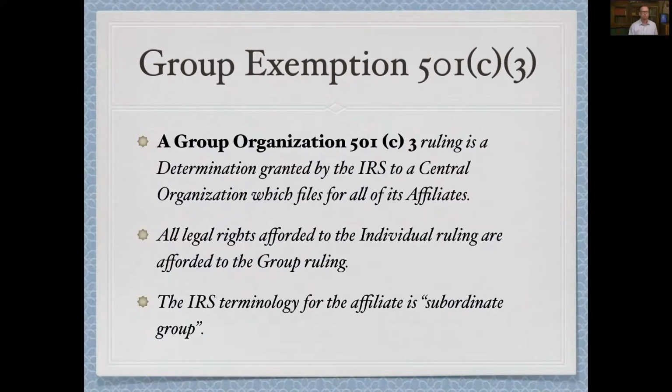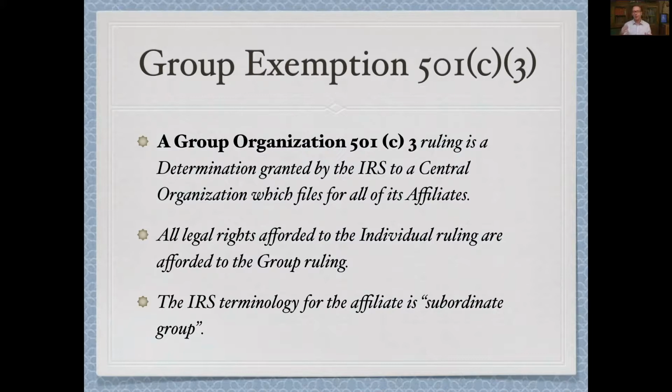So we'll start with the group exemption. The group exemption is a determination granted by the IRS to a central organization, that would be Ministry Launch, which files for all of its affiliates. Those would be all of the members that come within. It works kind of like an umbrella. Many affiliates come under the umbrella and get all of the privileges of the 501c3.